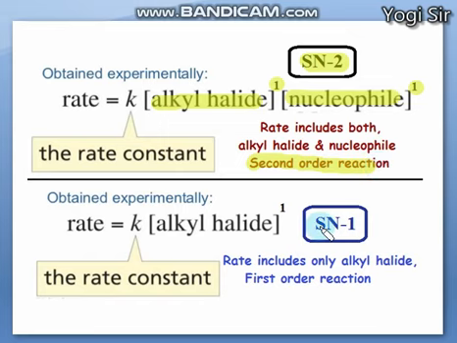While the SN1 reaction only depends on the alkyl halide, meaning the rate of formation of carbocation, the first step of SN1. So it depends only on alkyl halide, raised to 1, so it is a first order reaction, or it follows first order chemical kinetics.